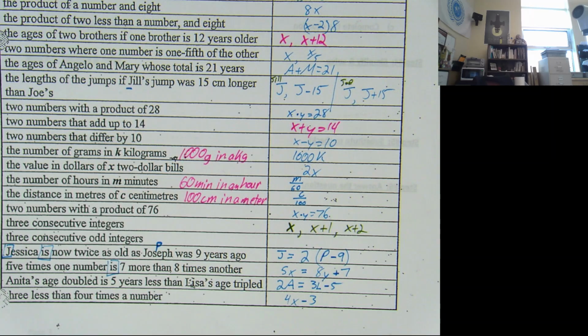Add 2. Just like with integers, where you add 1 every time, to jump consecutive evens we're just going to add 2. So we'll get 2x plus 2, and we can add 2 to this one, so this one's going to be 2x plus 4.